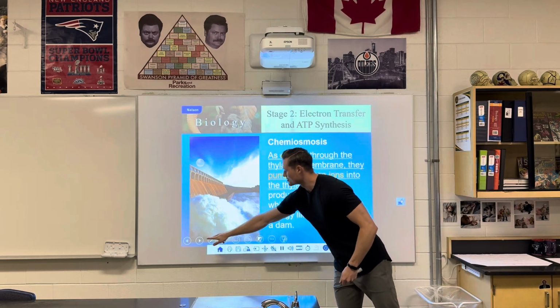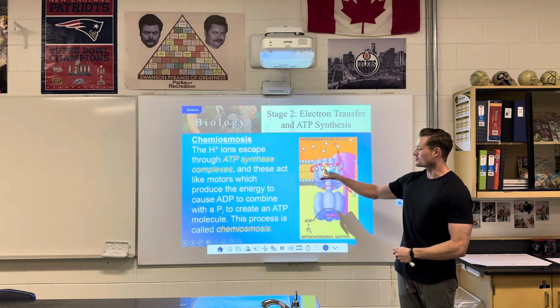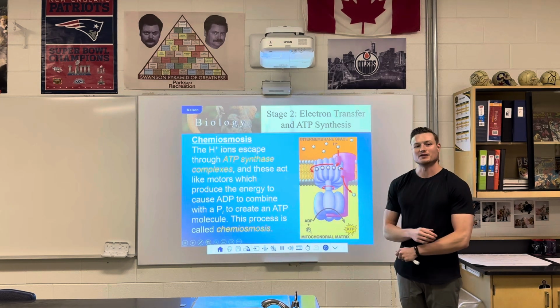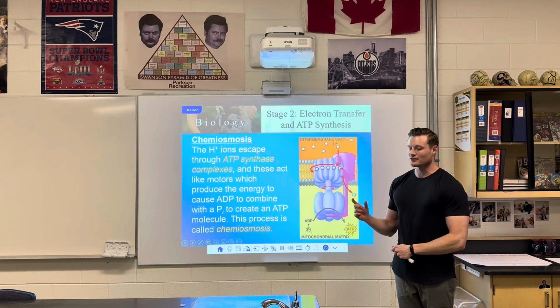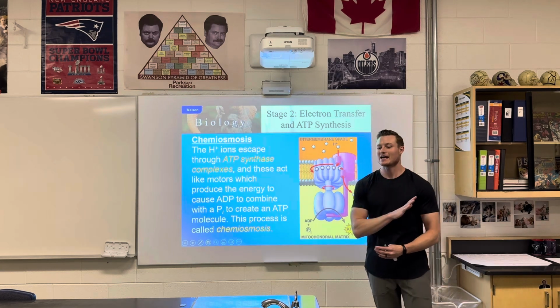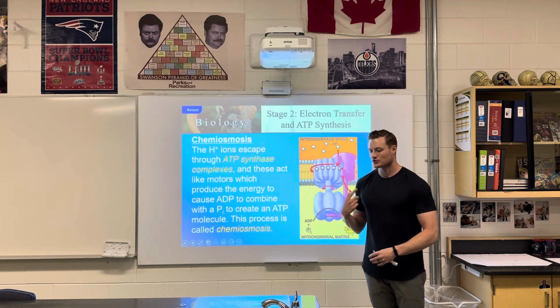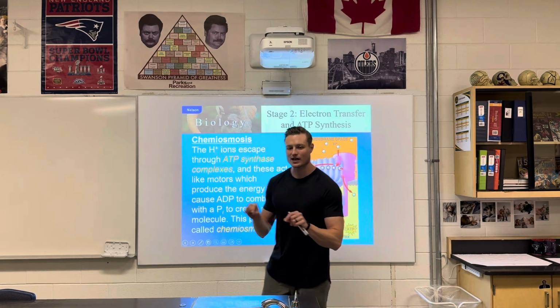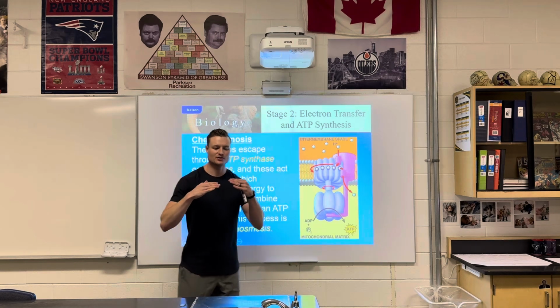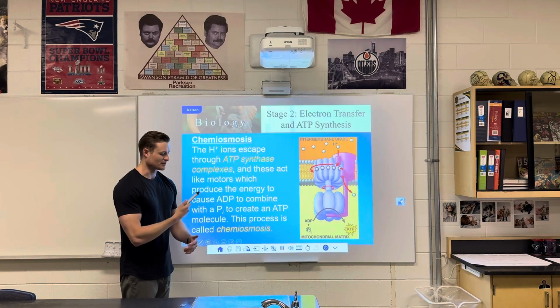And then what we're going to do is we are actually going to use those hydrogen ions to make ATP. Because the hydrogen now wants to get out. As you might have heard before, nature hates gradients. It wants to get rid of them. So what it wants to do is even out this balance. It wants to take all the hydrogen that's inside and pump it outside.